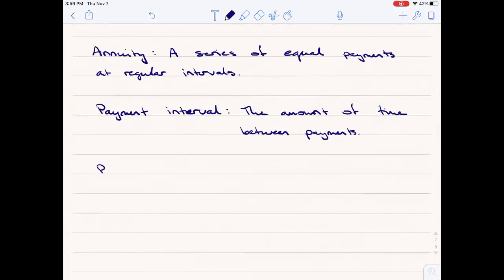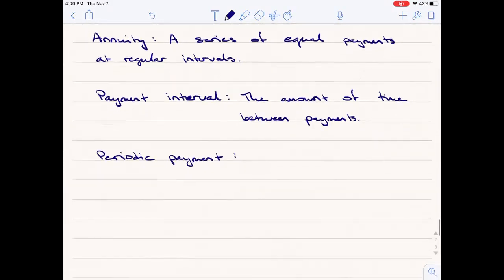We're also going to have a periodic payment. That's the amount of the equal payments in the annuity. So if you, let's say, finance a car, and we've all seen on the side of the highway, you can have this car for $94 biweekly.